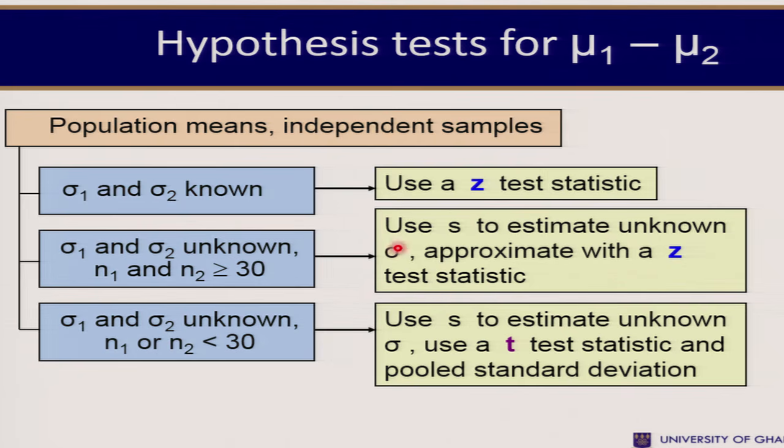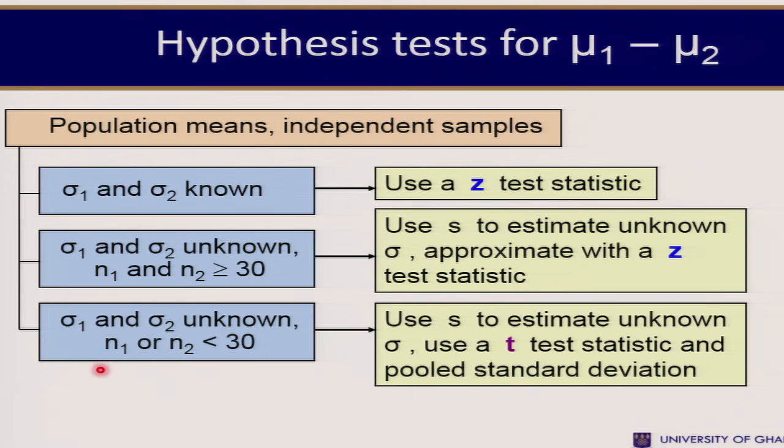In testing this hypothesis for these independent groups or samples, for a situation where your sigma 1 and sigma 2 are known, that is where your population standard deviations are known, we are going to use a z-test statistic. If they are unknown but the sample sizes are large, we're still going to use a z-test statistic, but then we will estimate our unknown population parameter with the sample standard deviation.